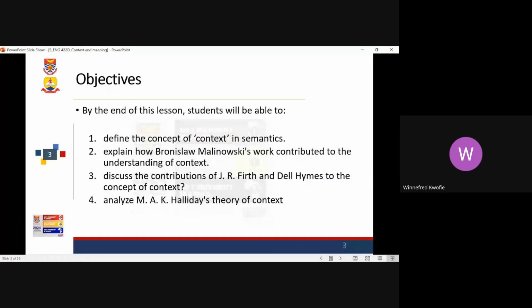By the time we are done with the lesson and your presentations, we are expecting you to be able to define the concept of context in semantics, explain how the various scholars contributed to understanding context, and analyze Halliday's theory of context.